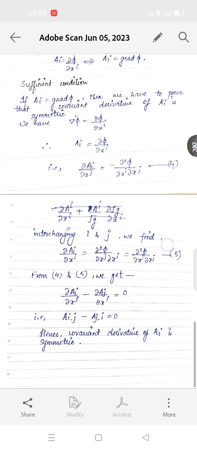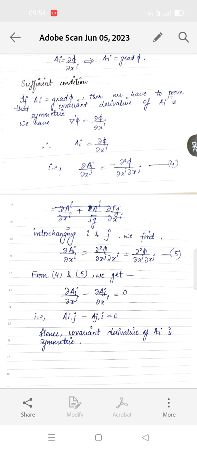Now the sufficient condition is, if A_i is equal to grad phi, then we have to prove that the covariant derivative of A_i is symmetric. Now we have del phi is equal to del phi by del x^i. Since A_i is equal to del phi by del x^i, by rearranging we can get that del A_i by del x^j is equal to del square phi by del x^i del x^j.